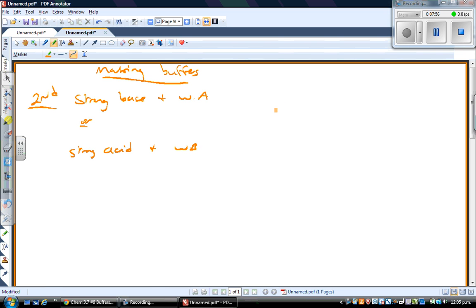And what you want to do here is you want to go to half neutralization. Half neutralization point will mean that you have equal concentrations of your weak acid and your conjugate base, or your weak base and your conjugate acid.